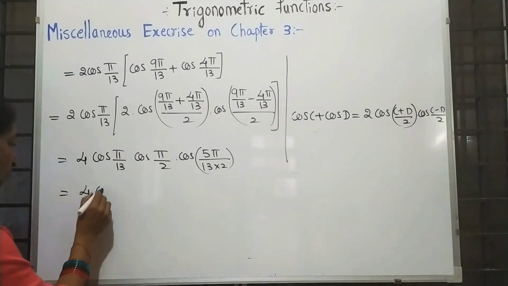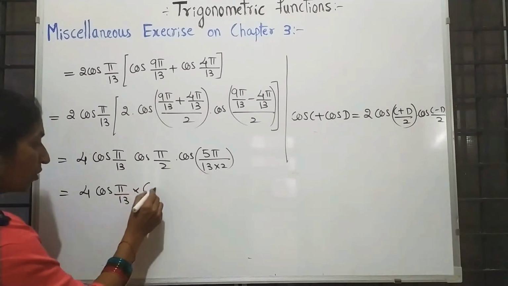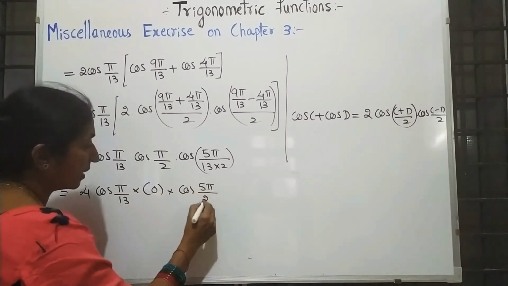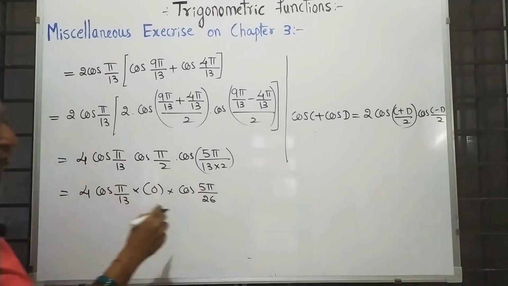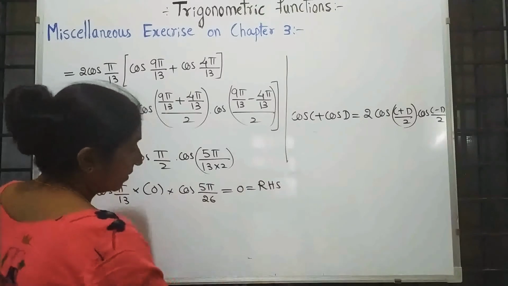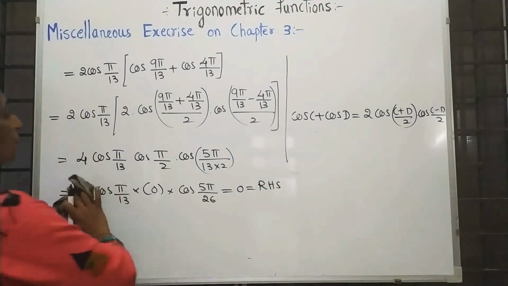So it is 4 cos(pi/13) times cos 90 times cos(5pi/26). Cos 90 is 0. In a product, if one number is 0, then the whole product becomes 0. That is the RHS.